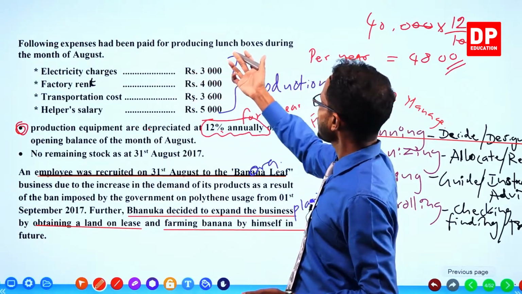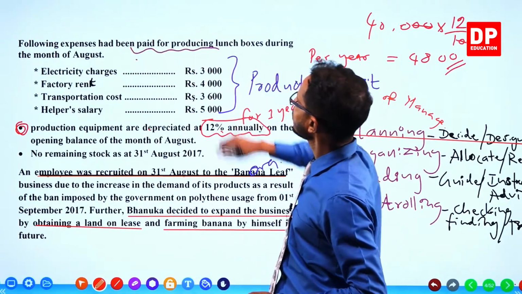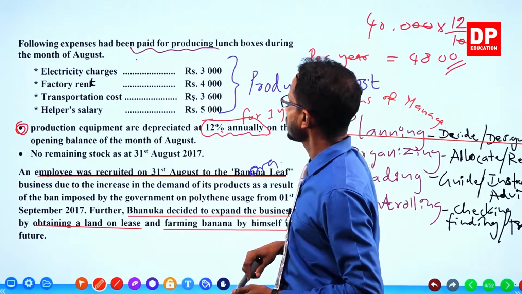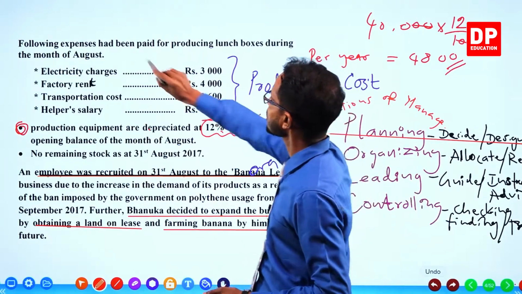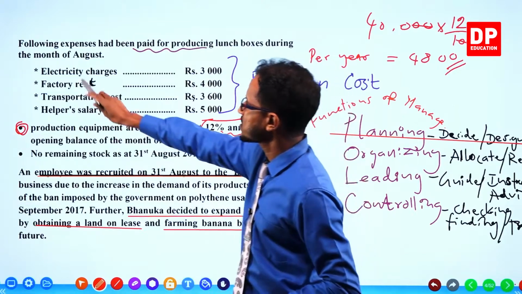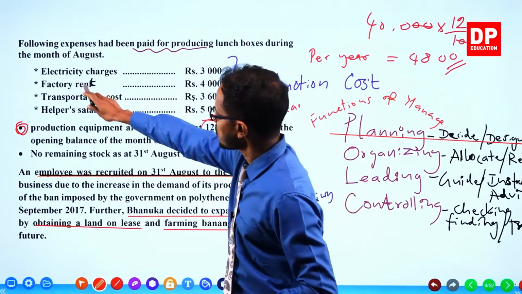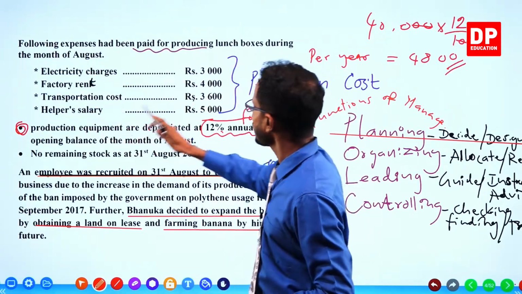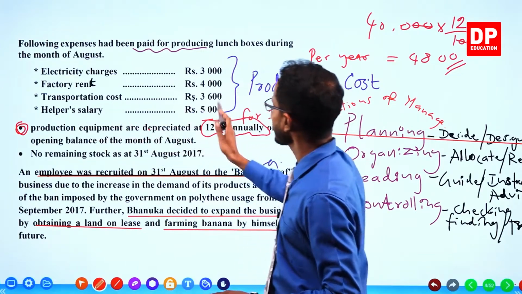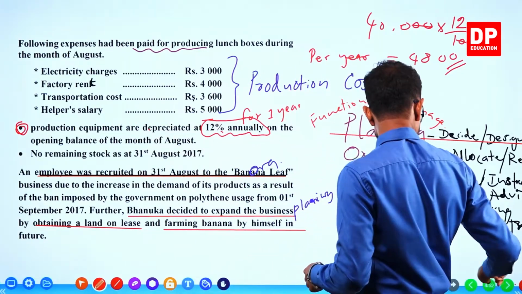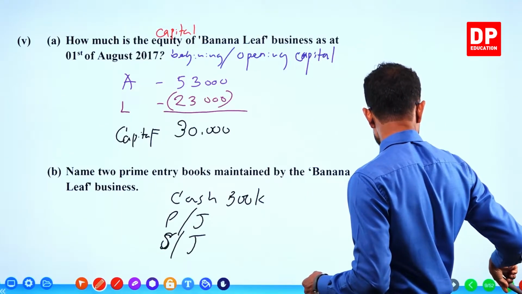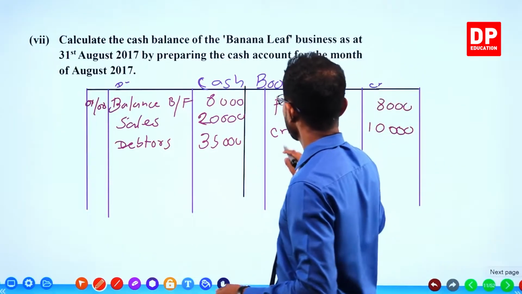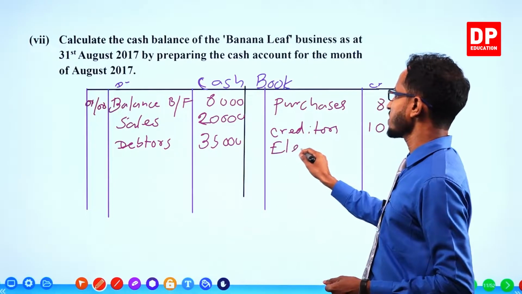Following expenses had been paid for. So credit all the expenses. Electricity 3, rent 4, transport 3,600, salary 5,000. All credit items.